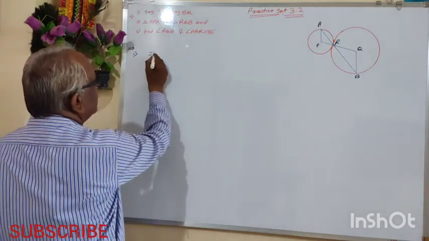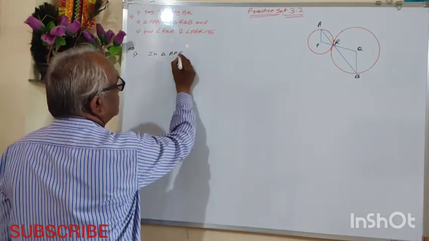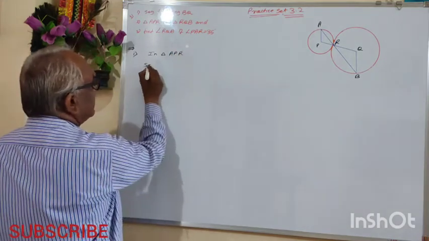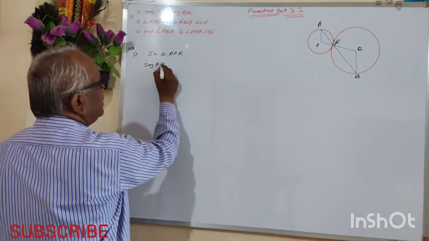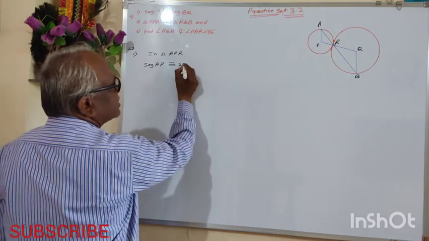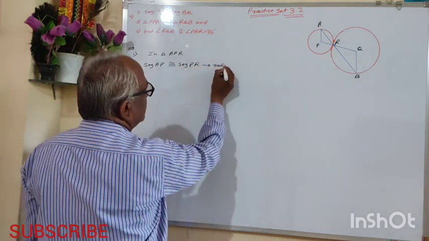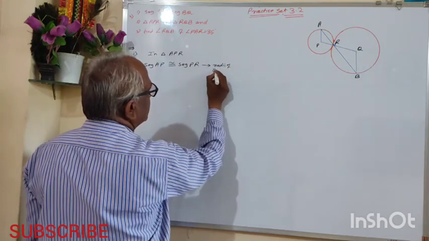in triangle APR, segment AP is congruent to segment PR, that is, radii of the same circle.